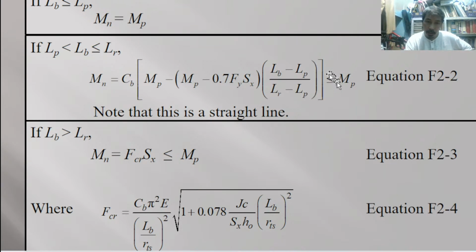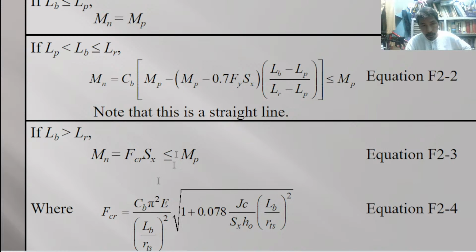This must be equal to or less than Mp. Of course, it is usually Mp which is higher than or equal to Mn. So if Lb is greater than Lr, Mn is equal to FcrSx.